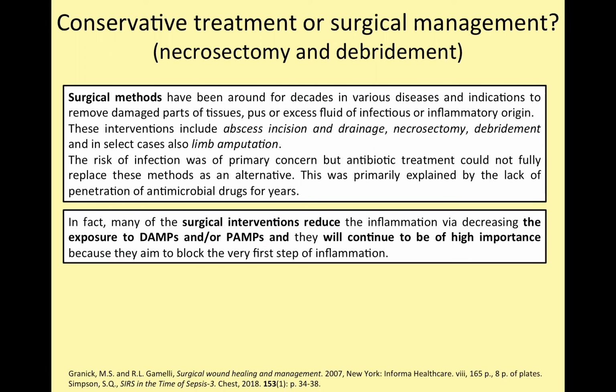They do remove the damaged tissues. They protect against the excessive DAMP and sometimes PAMP release into the circulation. So that is the main reason why we do need them, and we will need them in the future as well, because we've got to get rid of the danger signals.